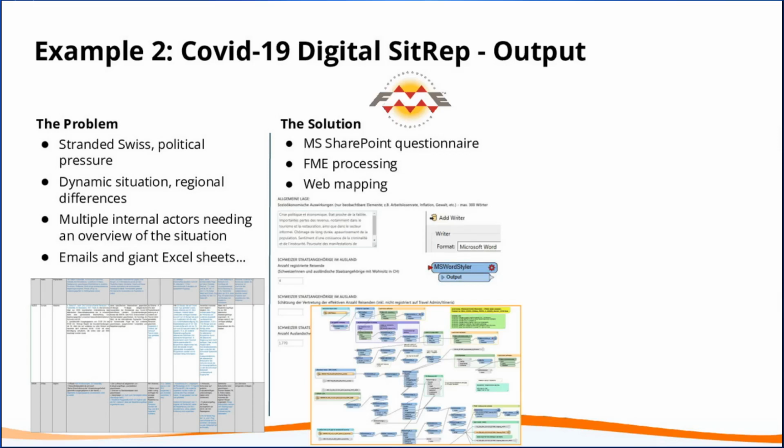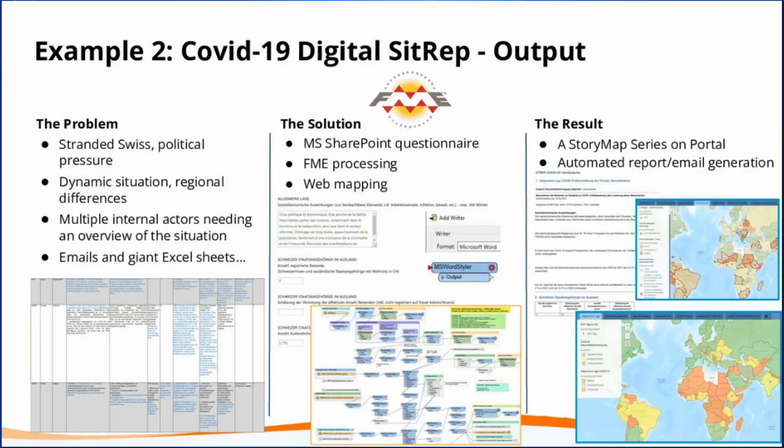So the Microsoft SharePoint questionnaire was used. It was processed. Simple maps. Note the Microsoft Word writer and styler in there, and the output were just some pretty simple web maps, but some automated email generation.